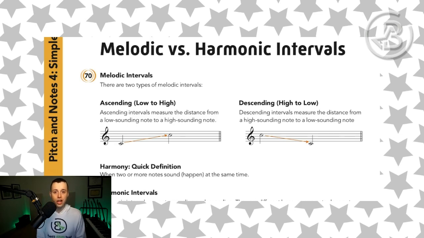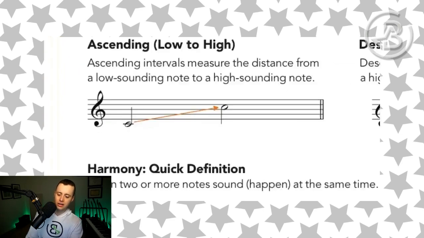This is just like the major scales and also the chromatic scales, where we had ascending scales and descending scales. An ascending melodic interval means that the second note is higher than the first note. In a descending melodic interval, the second note is lower than the first note, as we can see here.